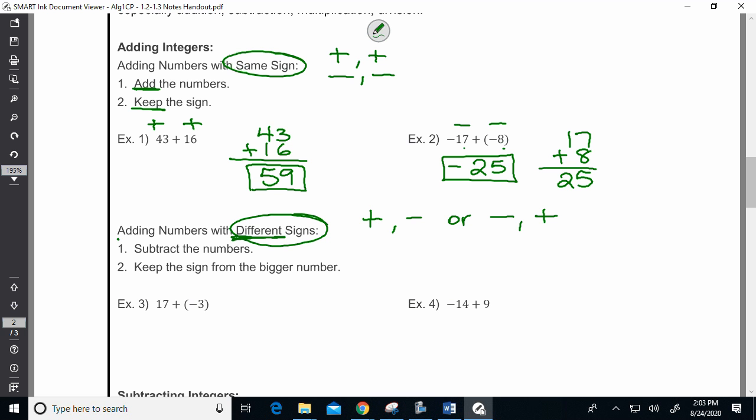So if we're adding, we know that we're adding because of the sign in the middle, and the signs are different. 17 is positive, 3 is negative. First thing we're going to do is subtract. So we're going to do 17 minus 3, which is 14.